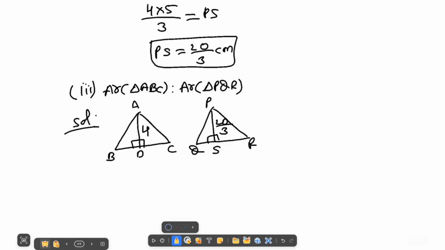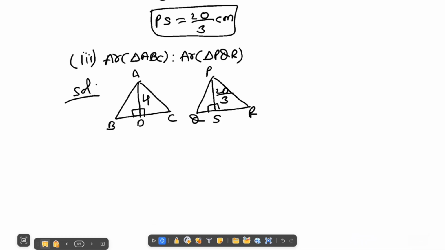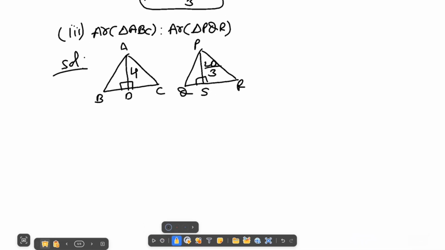So now how do we get the ratio of these two triangles? We will get like this: area of triangle ABC by area of triangle PQR.